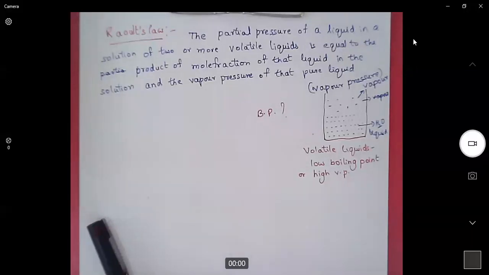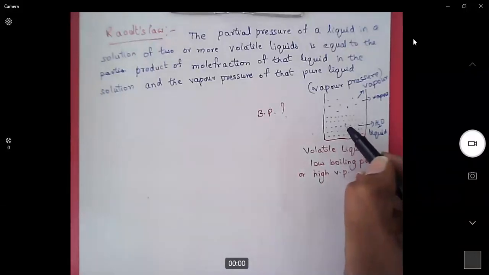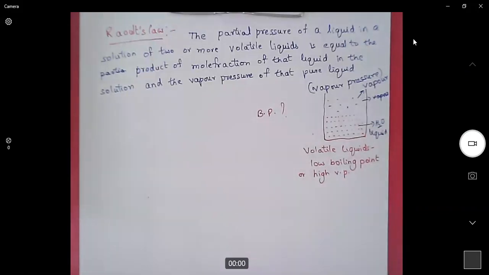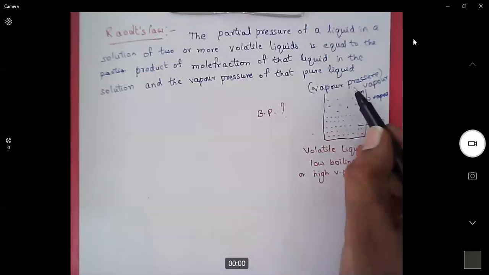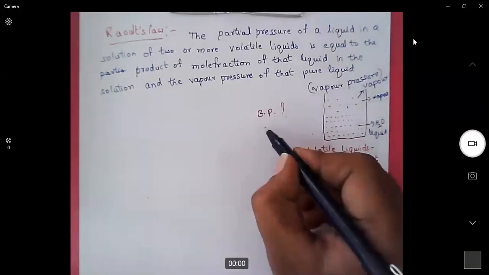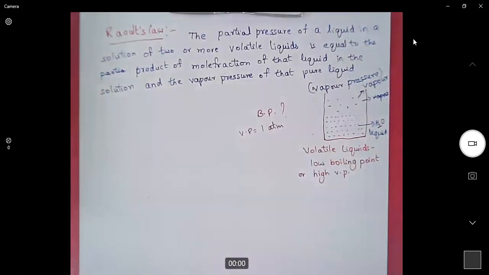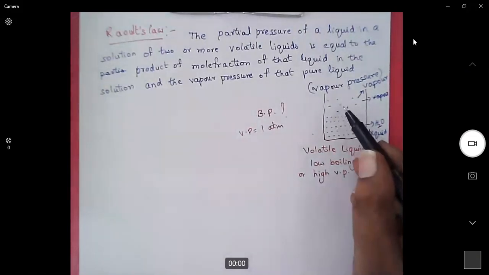What is boiling point? When we heat a liquid, the liquid takes the thermal energy and converts from the liquid state to the vapor state. Slowly it converts from liquid phase to vapor phase, which means it is increasing vapor pressure. When the vapor pressure of the liquid becomes equal to 1 atmosphere, the entire liquid will be converted to vapor.